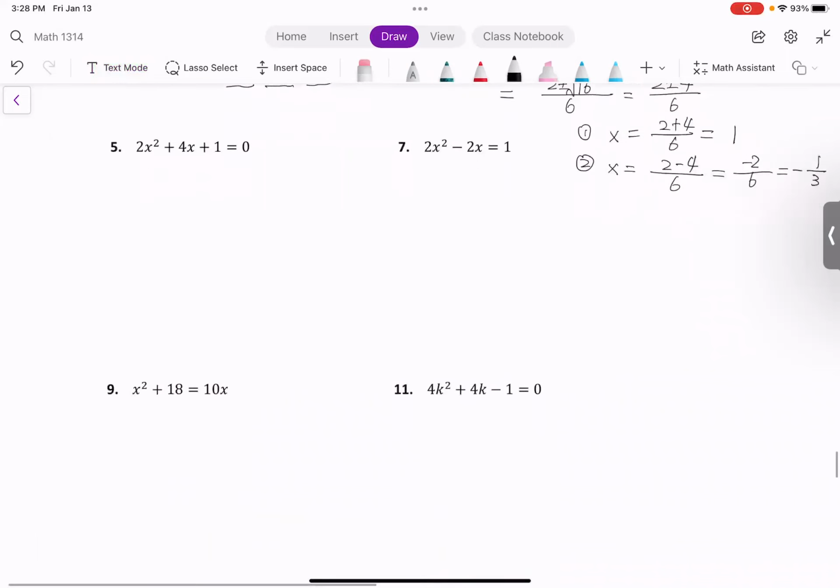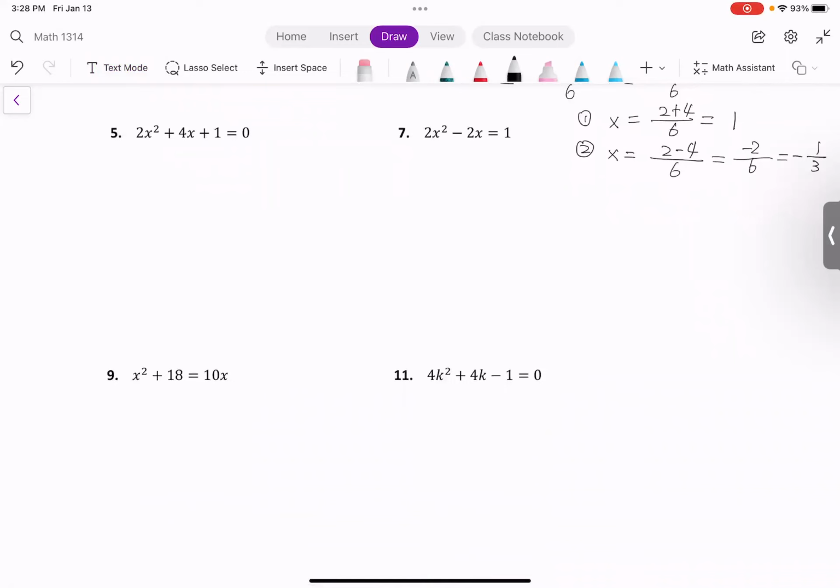Okay, let's see. First step, we identify the ABC. The A is 2, B is 4, C is 1. The quadratic formula is x equals negative b plus or minus square root of b squared minus 4ac, all divided by 2a.